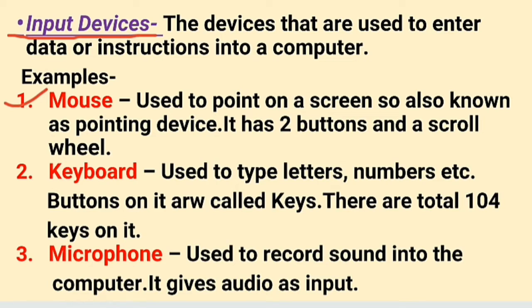Mouse is an input device. It is used to point on a screen, so it is also known as pointing device. It has two buttons and a scroll wheel between these two buttons.